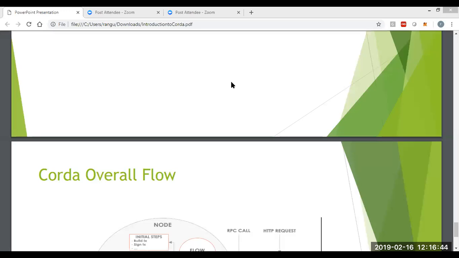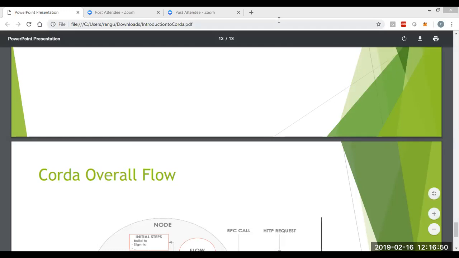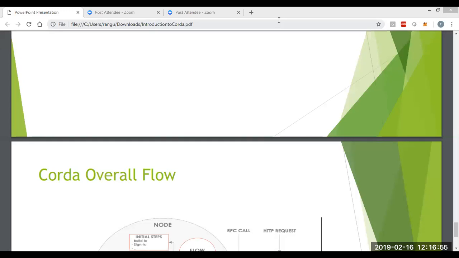What is the UTXO state model? If you look at Bitcoin, it quite resembles it. UTXO means unspent transaction output. In Corda, everything is in terms of states.